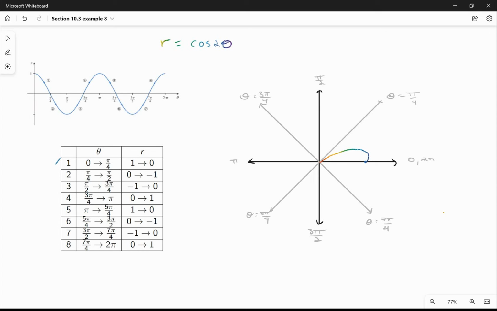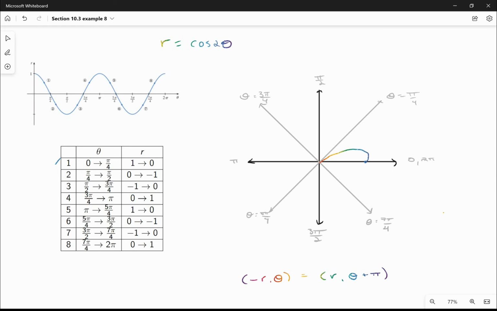Now for 2, we notice this is where r starts to be negative. But we're going to use this fact here: the point negative r comma theta is equal to r comma theta plus pi, right?